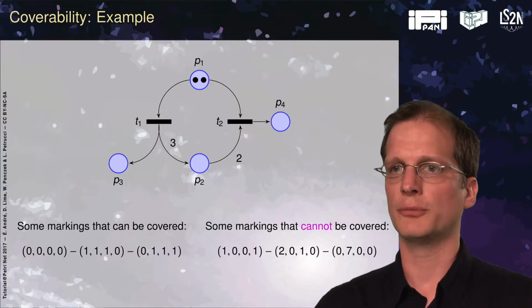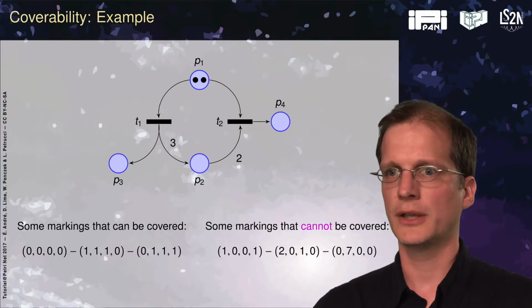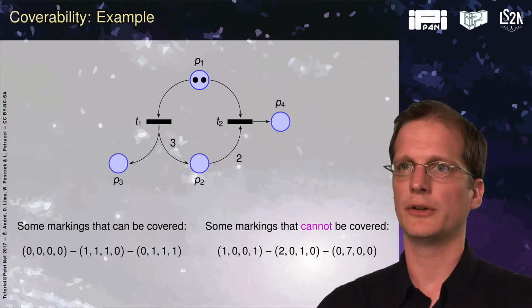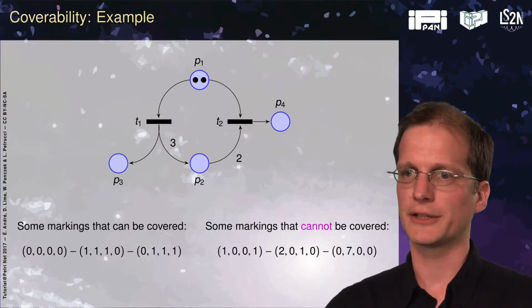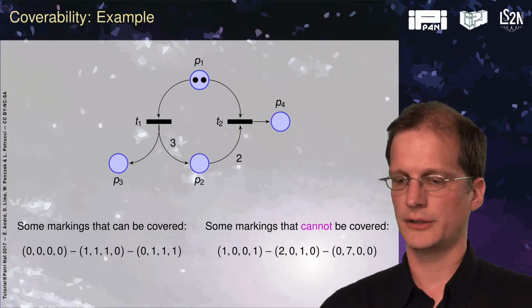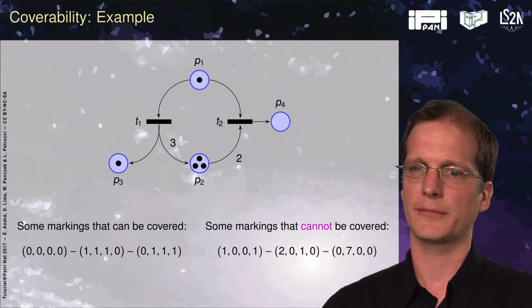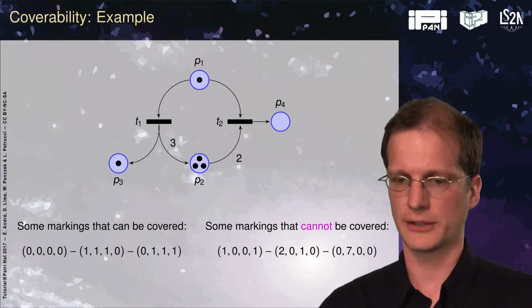So first, a small example of coverability on our former example of Petri nets. Here we have some marking that can be covered, for example, the marking with 0 on each component, because obviously every marking covers this one. Then when we fire this transition, we have several new covered markings.